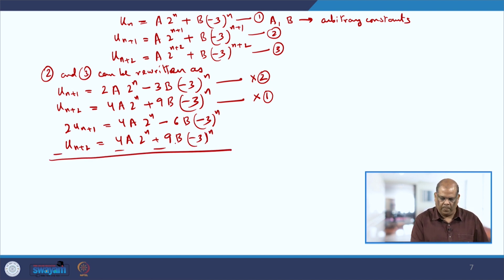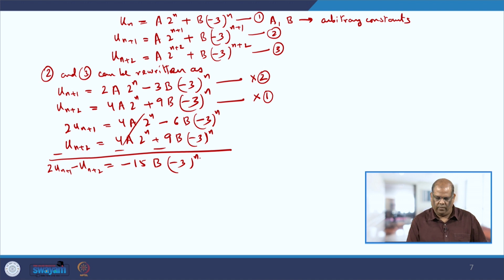Subtract it: 2u n plus 1 minus u n plus 2 equal to, this cancels, minus 15b into minus 3 to the power n.